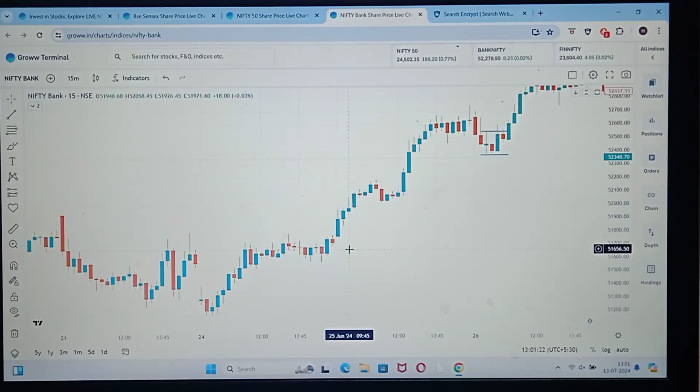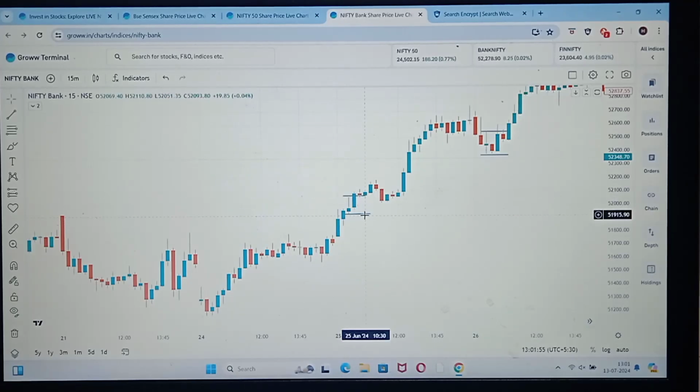So again we'll see 25th of June, we are going to mark the high and low. So you can clearly see the 9:45 candle. You can see the next candle, the 10 a.m. candle, has broken, and it has given a small margin of around 15-20 points.